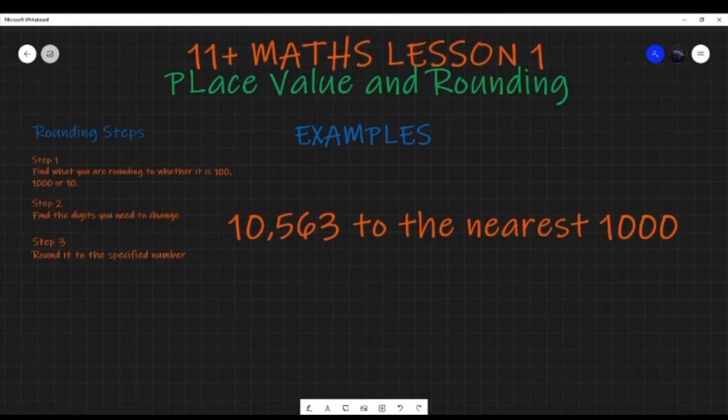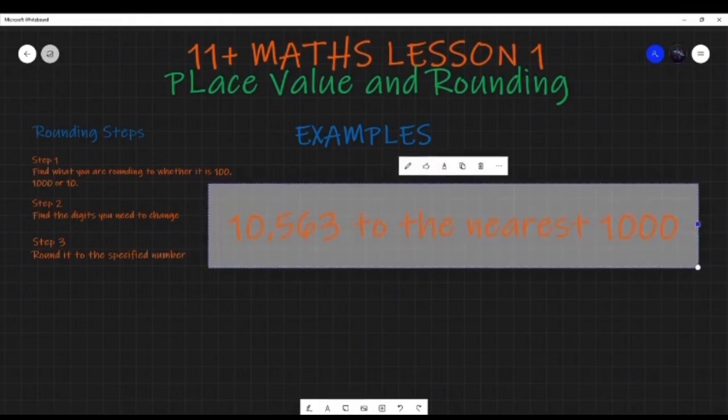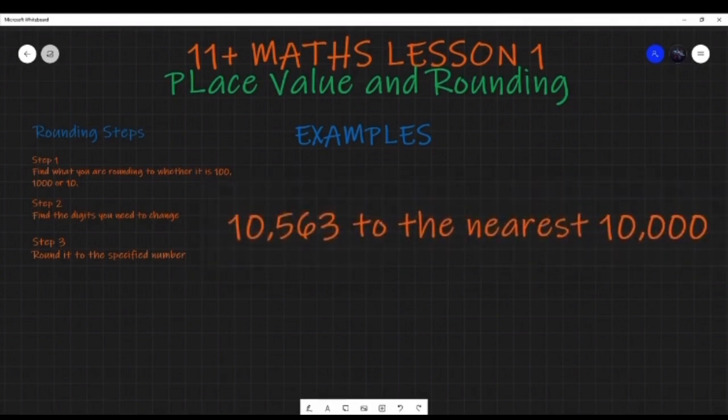Round up. The answer would be 11,000. If we were going to look at the nearest 10,000, you just find the 10,000th digit, which is 1. Look before, 0, so the answer is 10,000.